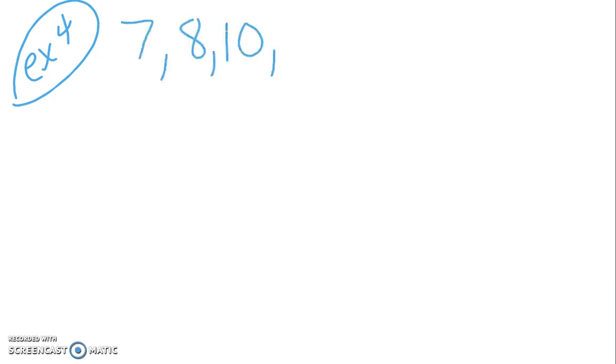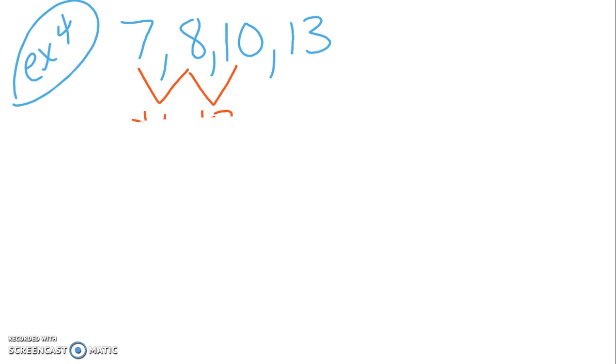Next one. Let's see. 7, 8, 10, 13. So I start by saying, okay, 7 plus 1 gives me 8. 8 to 10 is plus 2.